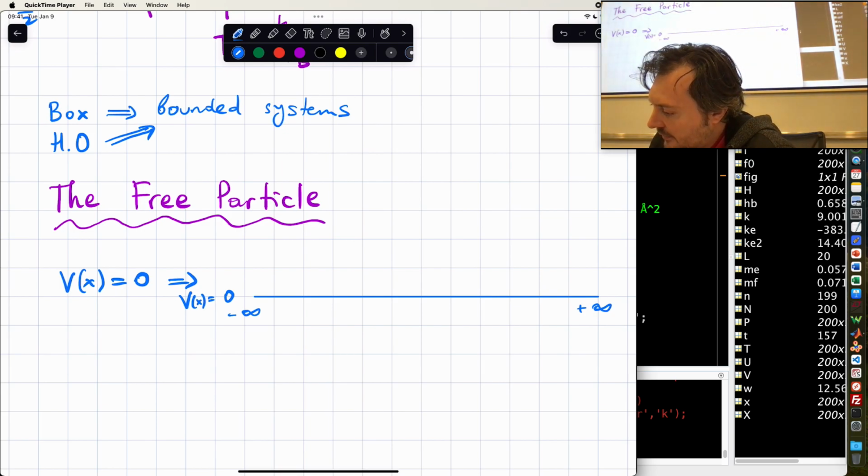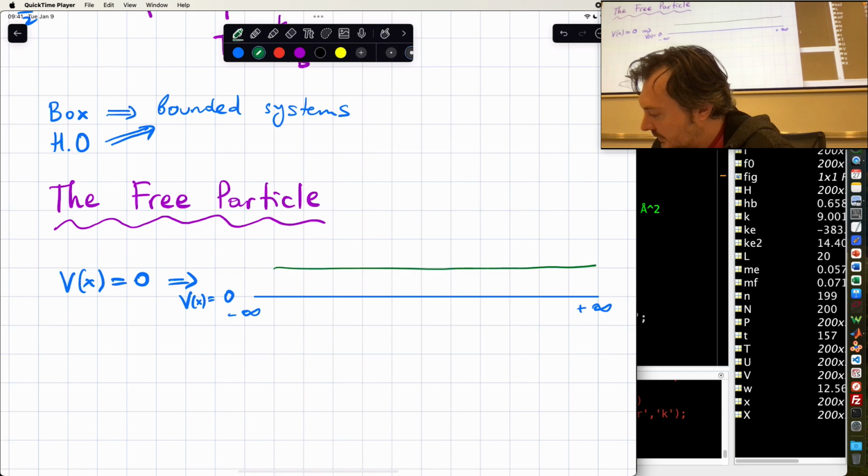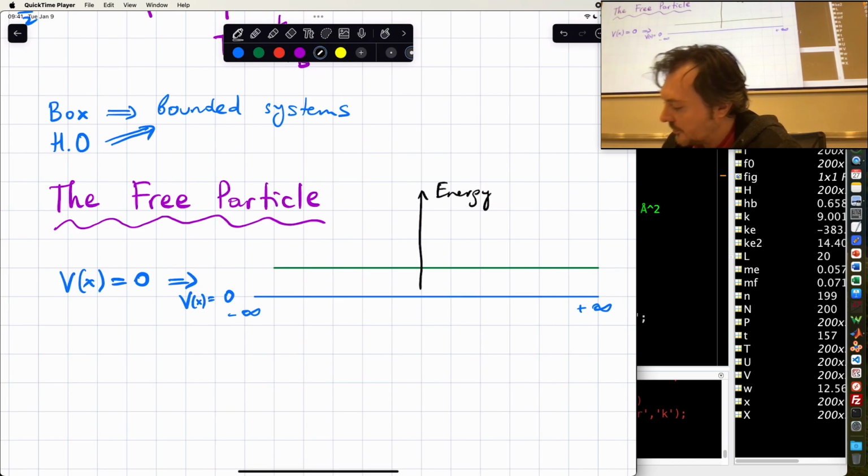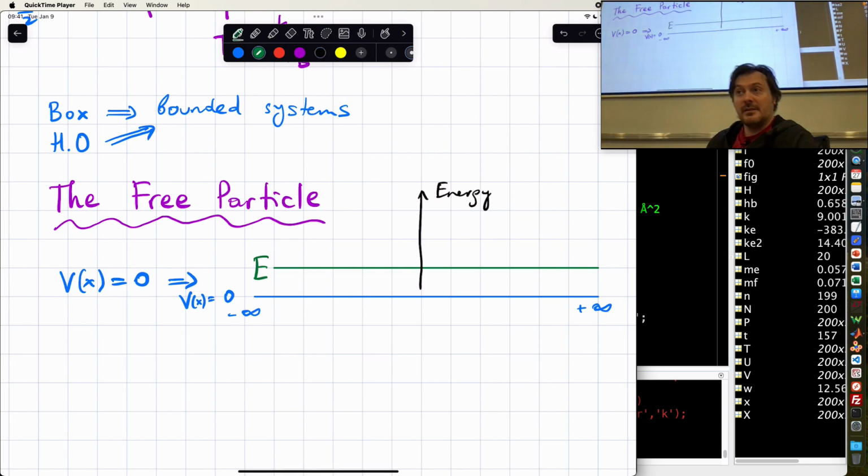And let's say you have a particle at a certain energy. This is energy. The blue line is your potential, and this is where your energy is, let's say. So let's see how this one behaves. Again, one particle. No other particle in the universe.